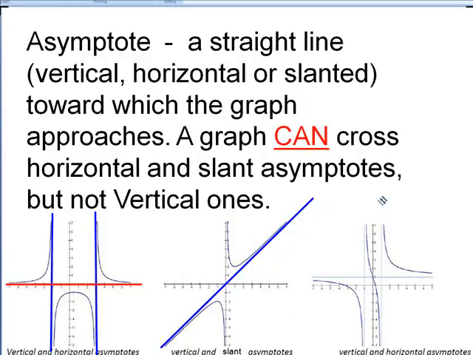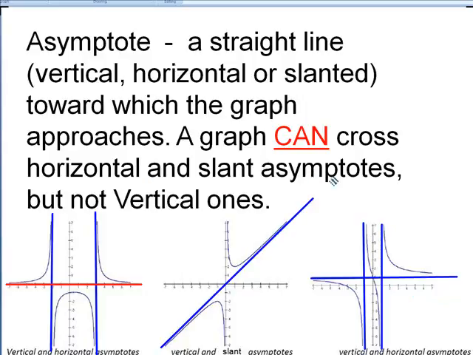Over here we have two vertical asymptotes and also a horizontal one. You notice the graph in the middle crosses the horizontal asymptote, which is perfectly fine.